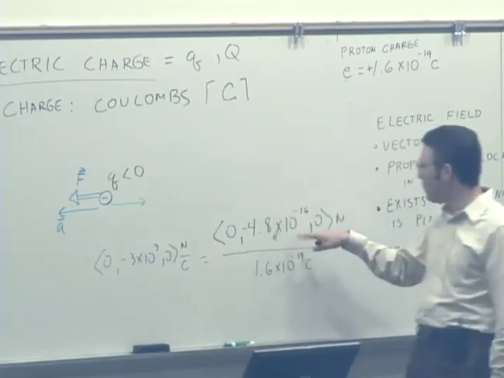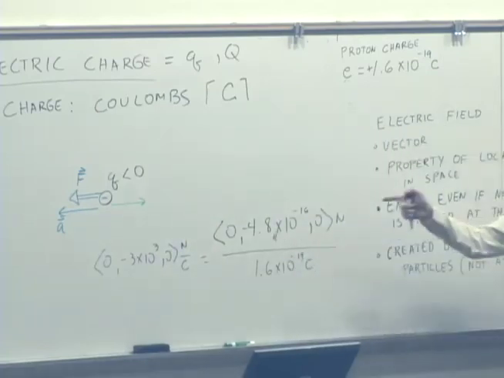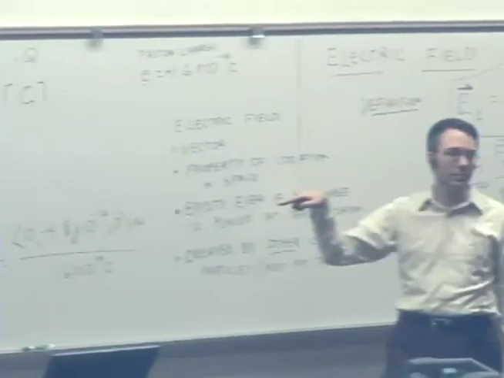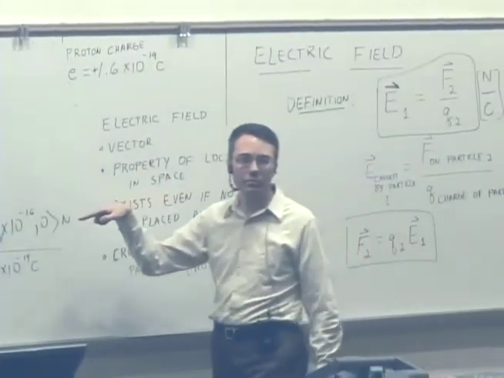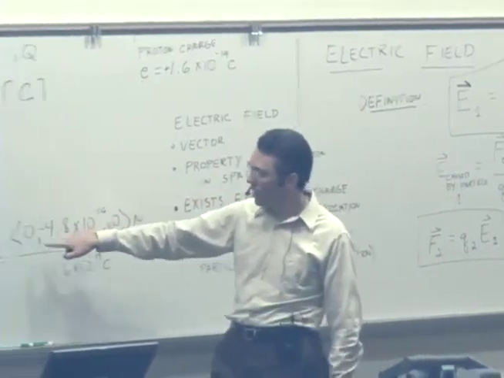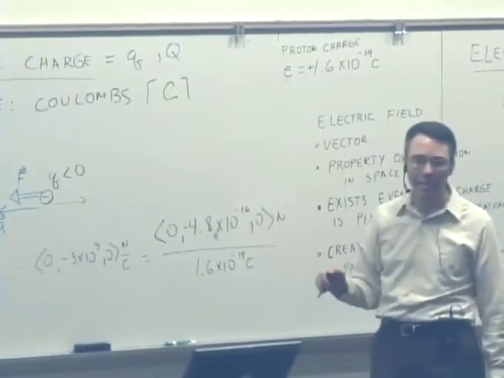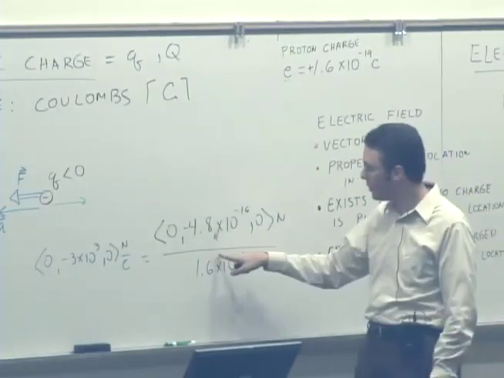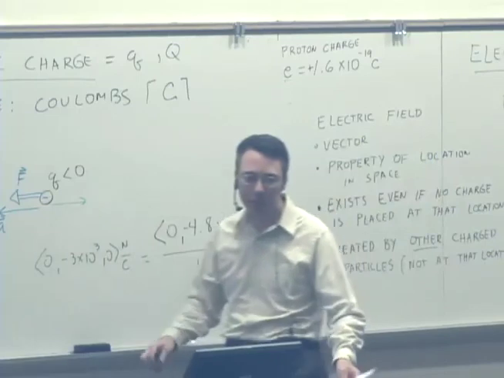And if we divide by a positive charge, we get an electric field that points in the same or opposite direction? Negative, negative, so that's the same direction, right? Dividing by a positive charge, we get a force and an electric field that point in the same direction.